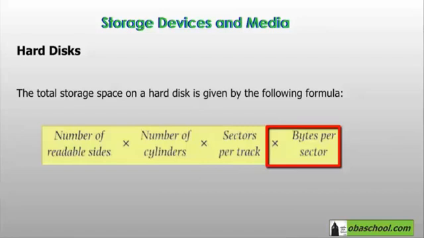And bytes is the unit that I use to measure the data. And this is the formula in order to calculate the total storage space on a hard disk. So when I say the space is 500 gigabytes, then the output of this formula is 500 gigabytes.